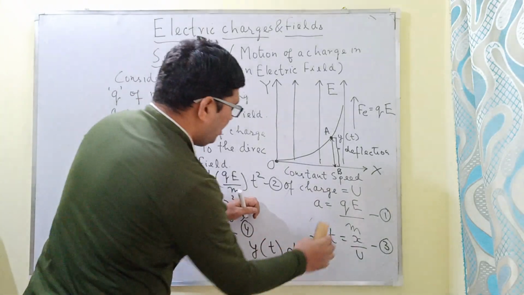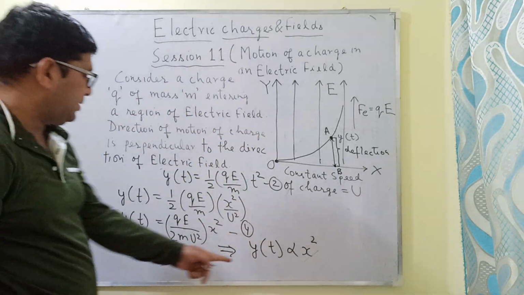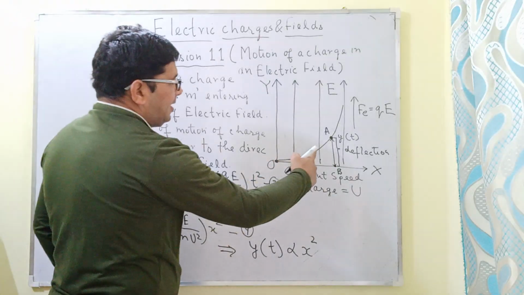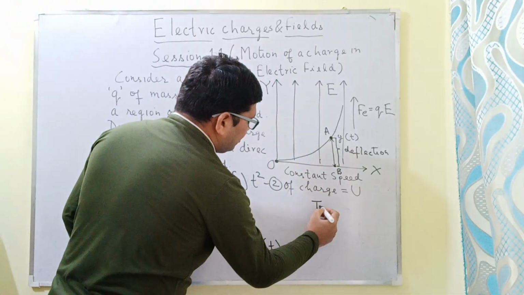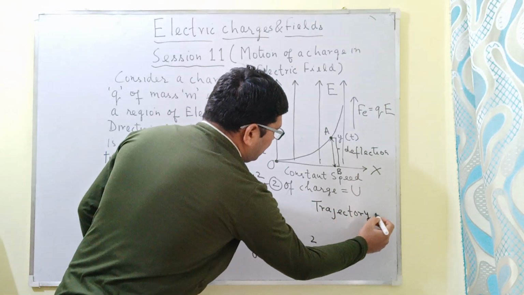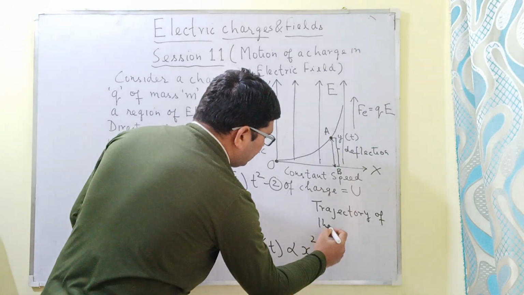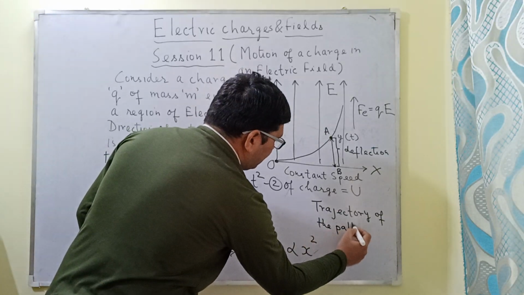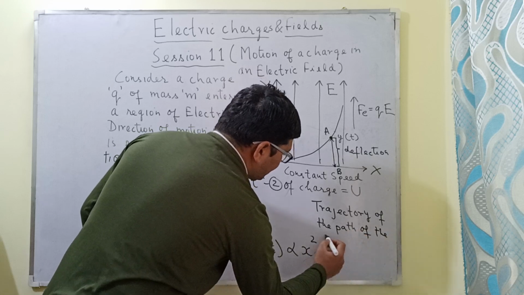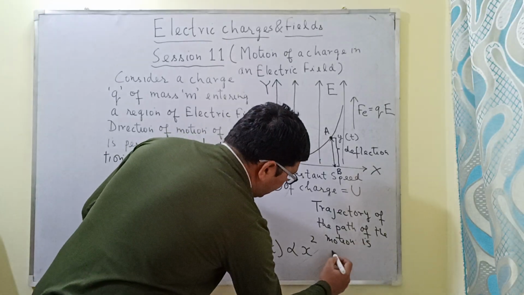Since this displacement is directly proportional to x square, we can say that the trajectory, the path of motion, is parabolic.